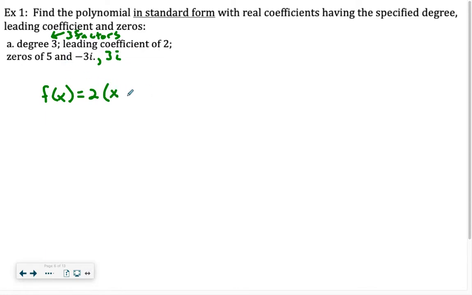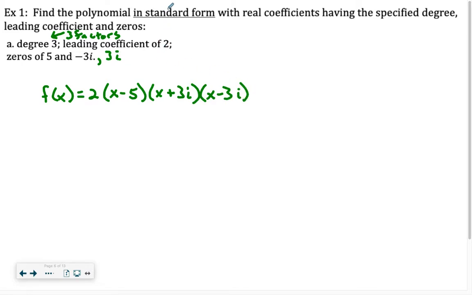So it's always x minus the zero, so x minus 5, then times x minus -3i, which would actually be x plus 3i. And then my final root will be x minus 3i.